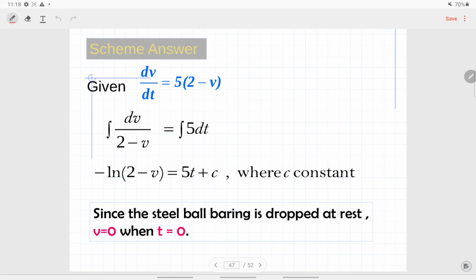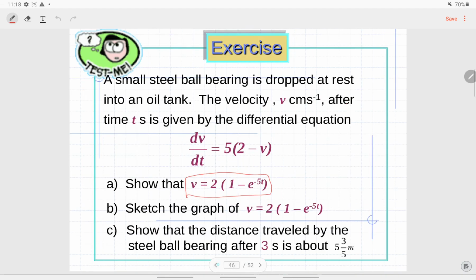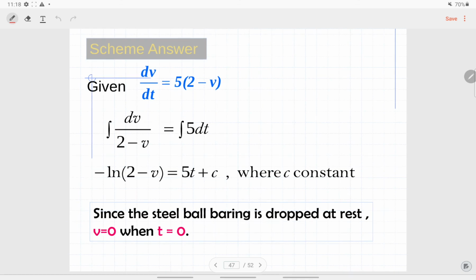So given dv over dt here, we separate the variable v, bring to the left hand side. So integrate dv over (2 minus v) equal to integrate 5 dt. Here we can get negative ln(2 minus v) equal to 5t plus c, where c is a constant.